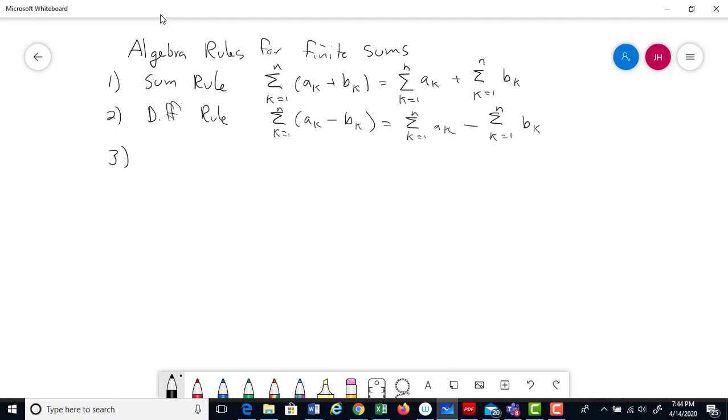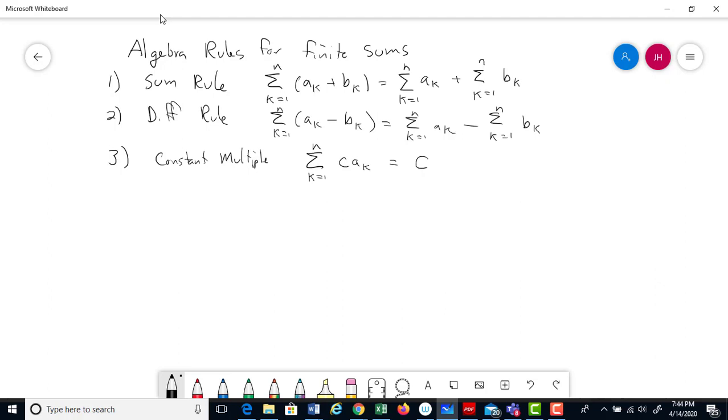Three, constant multiple. So the summation as k equals 1 to n of c times a sub k. Well, what do you think we can do with constants?